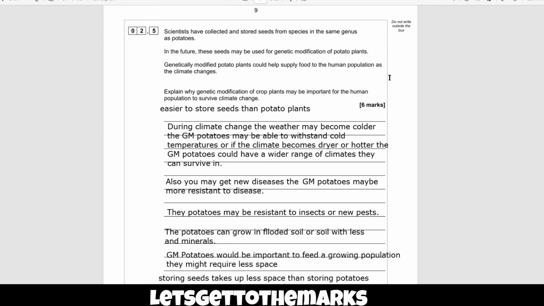And you could store millions of seeds, whereas millions of potato plants would require watering every day and a lot more effort. So storage of the seeds is a really important thing. And the fact that they're GM means they can withstand different changes in the weather and different pests and different diseases. And that should be enough. But it's a difficult question, this one, because it was quite vague. You had to have quite a good understanding of conservation.